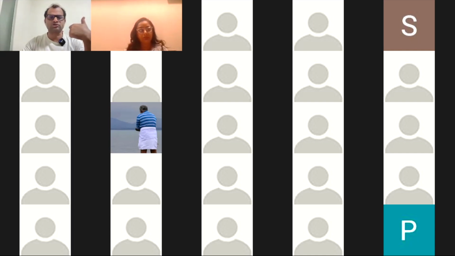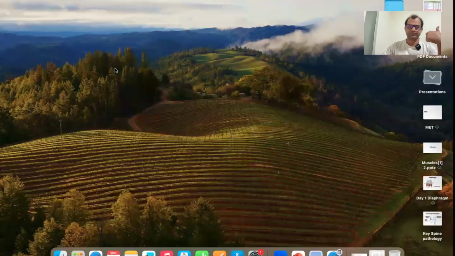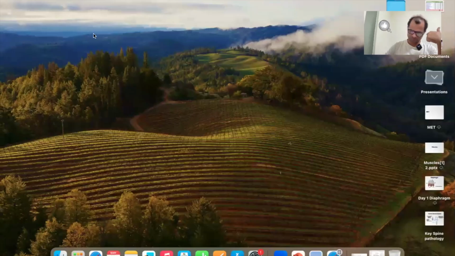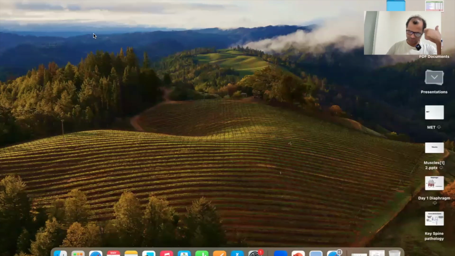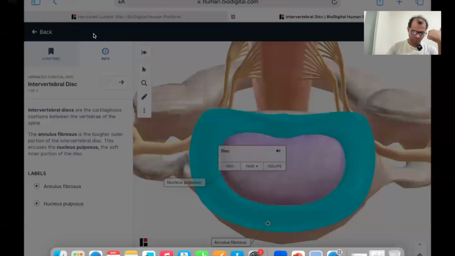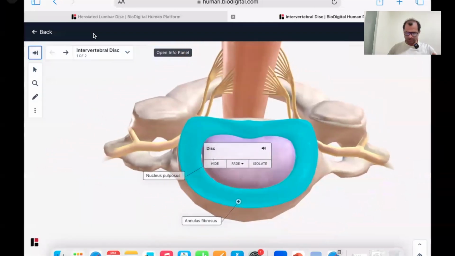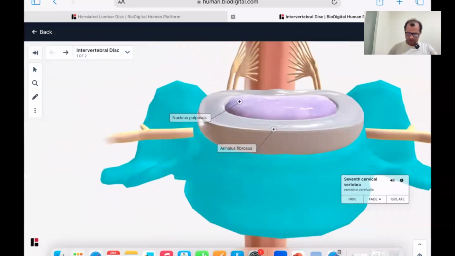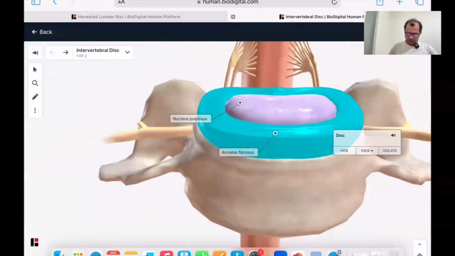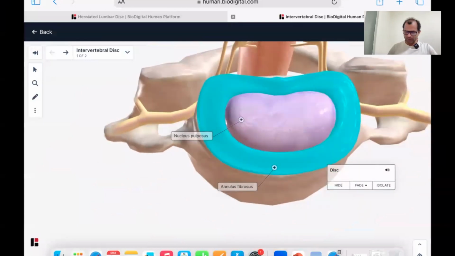So first you look at this structure of the disc. We can see here this is the vertebra, and this is the disc made by two structures.